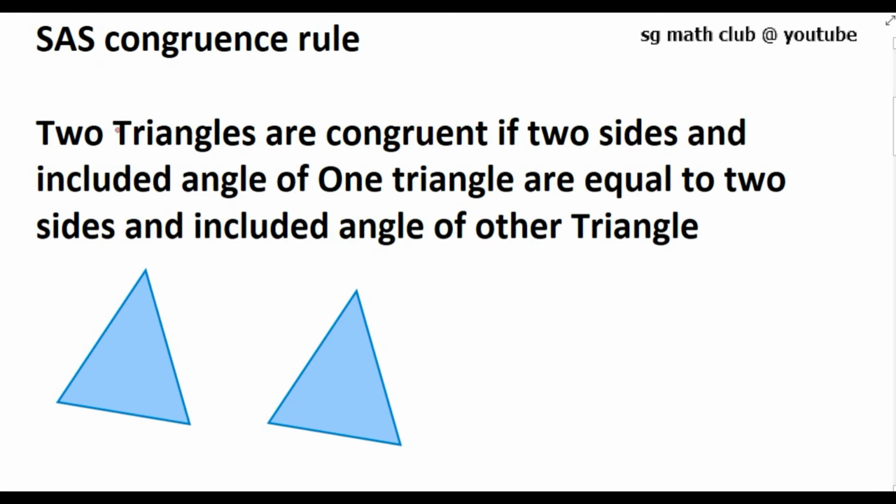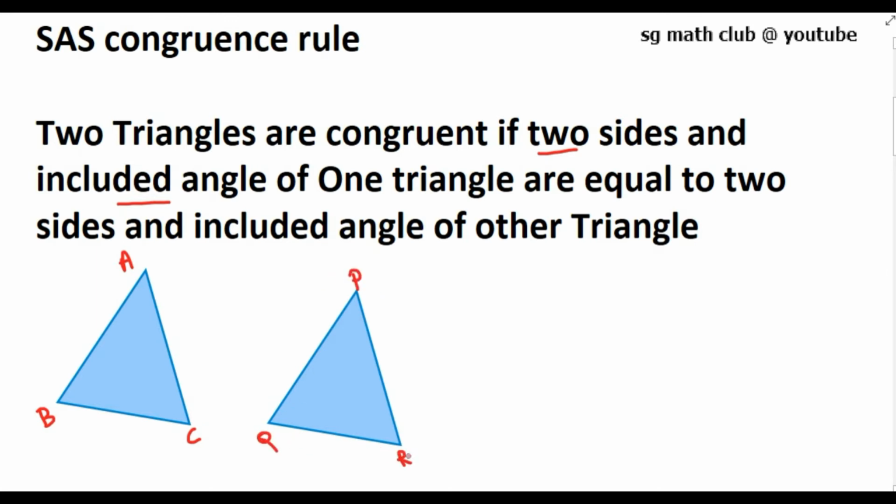The SAS congruence rule means two triangles are congruent if two sides and one included angle of one triangle are equal to two sides and the included angle of the other triangle. We can see here two triangles. We will name them ABC and PQR.